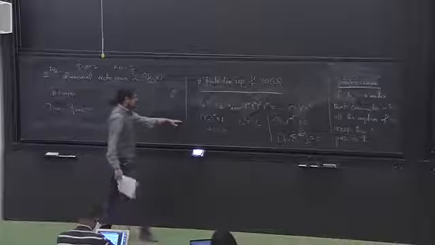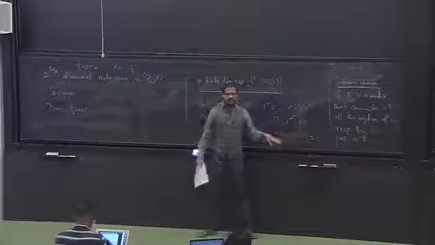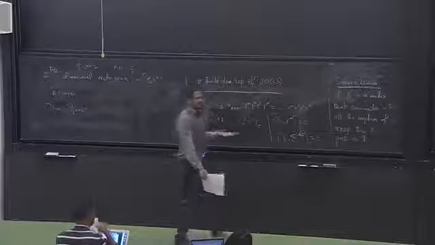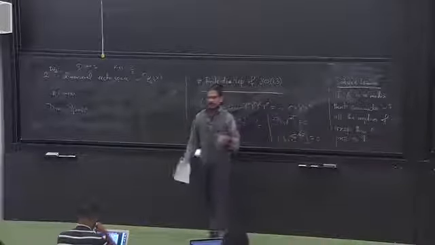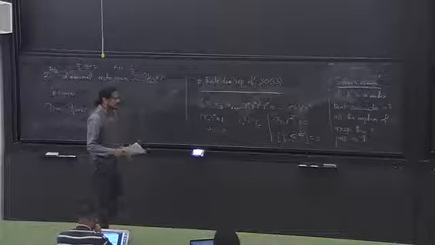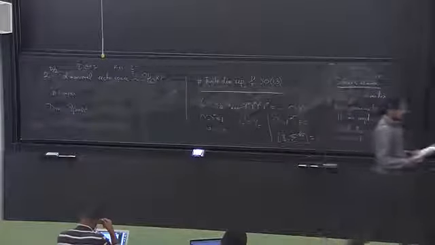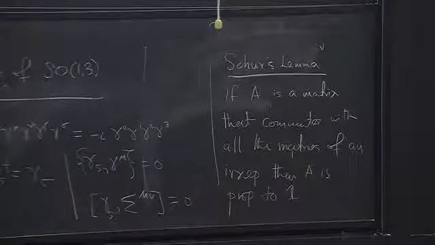In this case, you can verify that gamma 5, although it commutes with all the matrices of a representation, is not an identity matrix. And therefore, the representation whose matrices it is commuting with cannot be an irreducible representation. So this shows that the Dirac representation is not irreducible. So what are these smaller components?